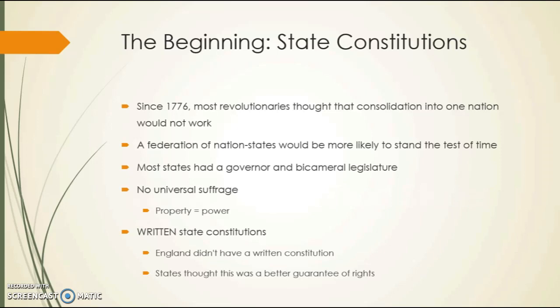England did not have a written constitution. Their constitution consisted of legal history. So having a written guarantee of rights is something that the United States came up with to guarantee those rights.